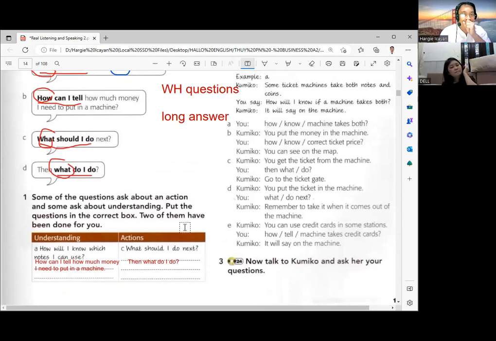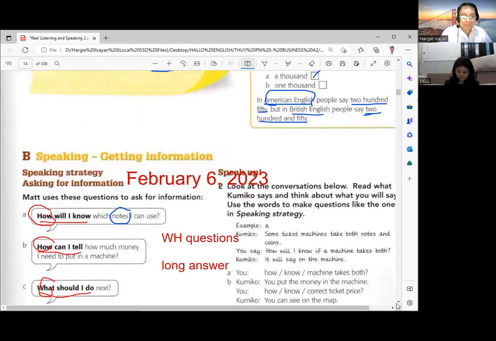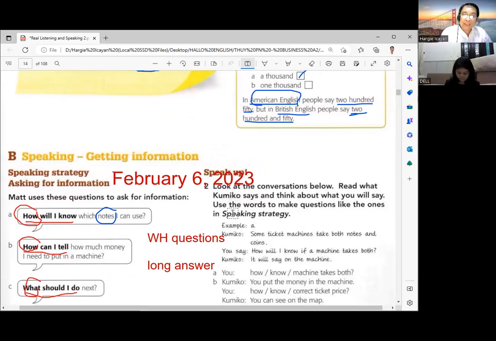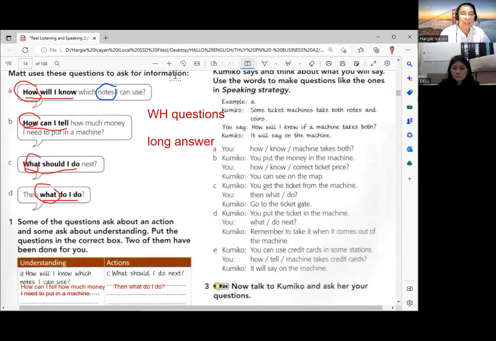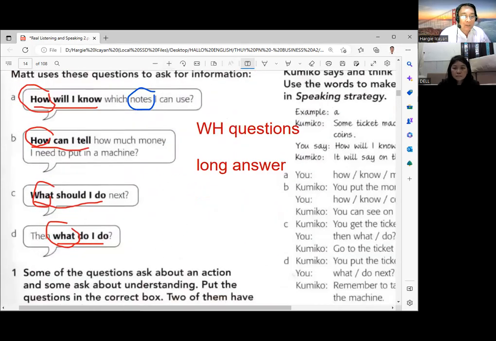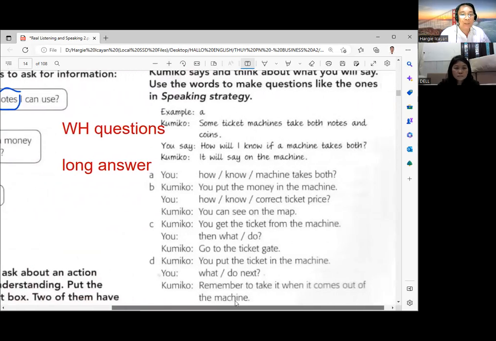Okay, next. Sorry, let's move on in here. In number 2, look at the conversation below, read what Komiko says, and think about what you will say. Use the words to make questions like the ones in the speaking strategy. Okay. In letter A, we have here, I have to make this one bigger so that you can see them.